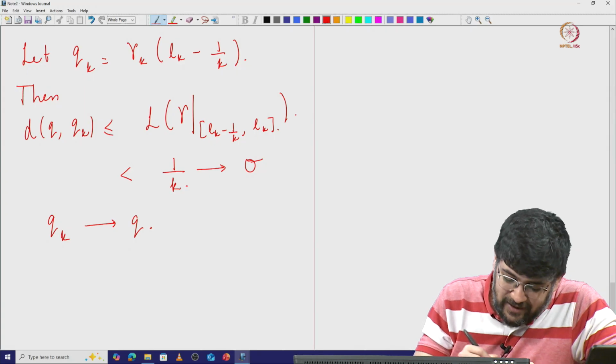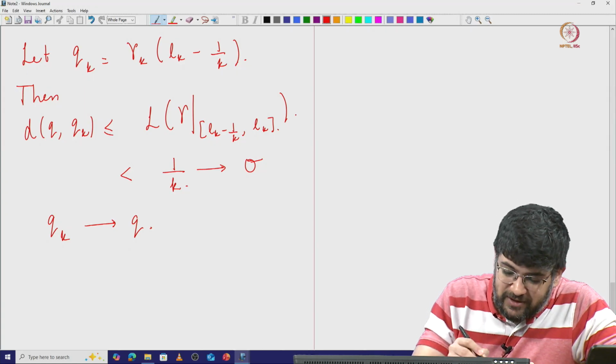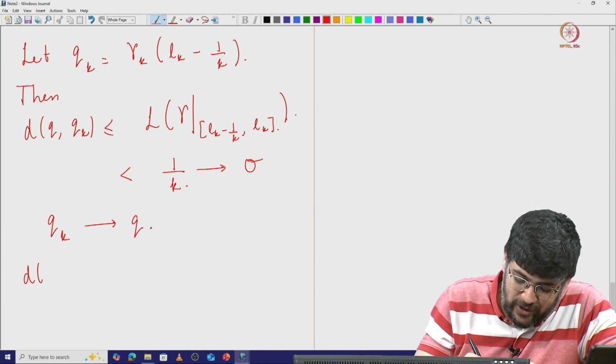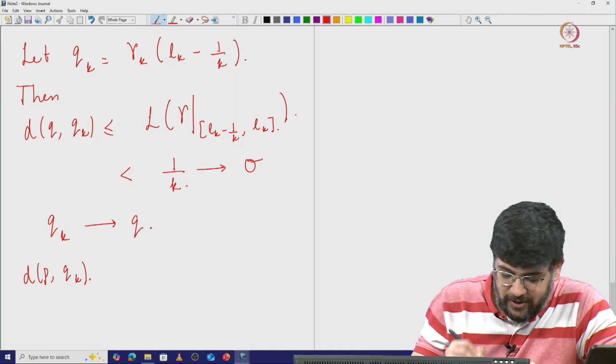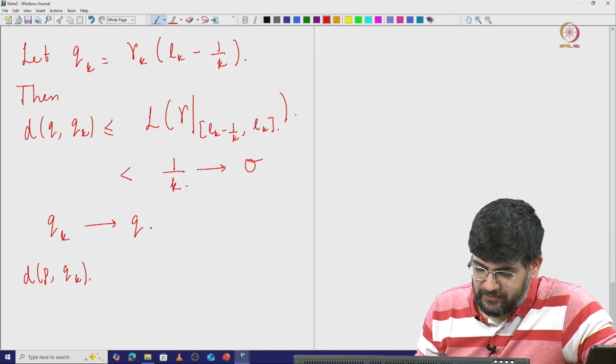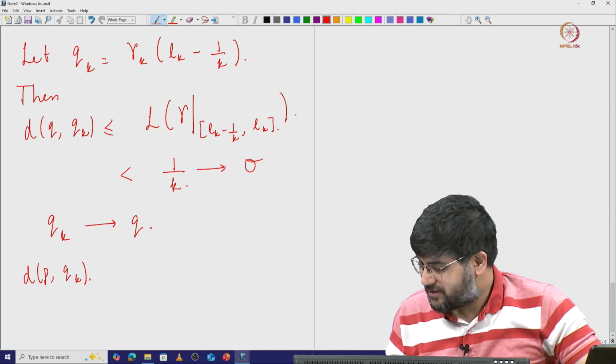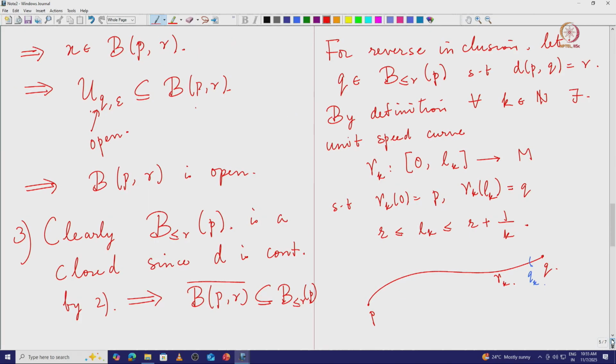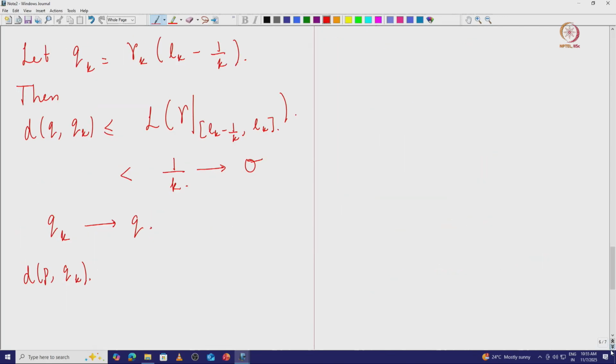Now the second claim I want to make is that the qk's actually belong to the open metric ball. For that I have to estimate the distance between p and qk. Maybe I should have a strict inequality here.